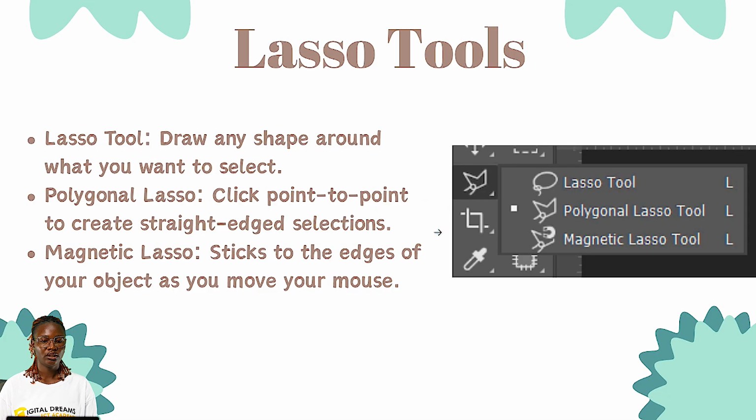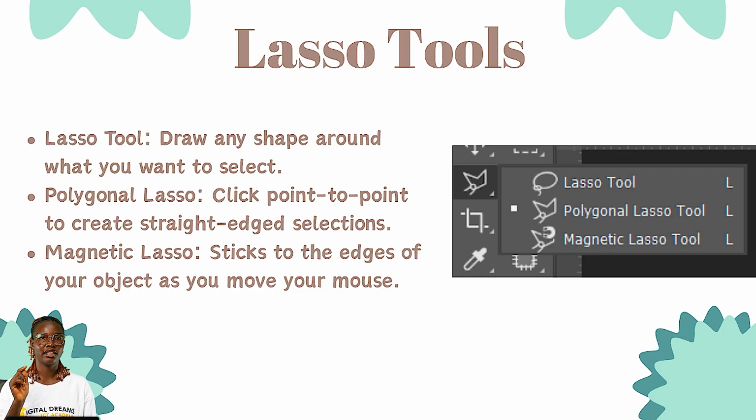The next one is the lasso tool. The lasso tool draws any shape around what you want to select. The polygonal lasso tool is click point to point to create a straight-edged selection. Most of the time I use polygonal. If I want to use the lasso tool, I use polygonal, because it helps me be in control of the places that I'm clicking.